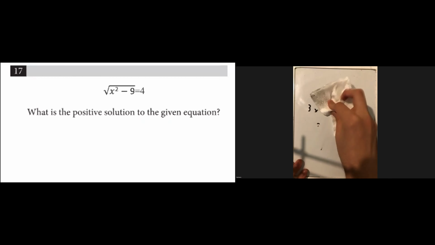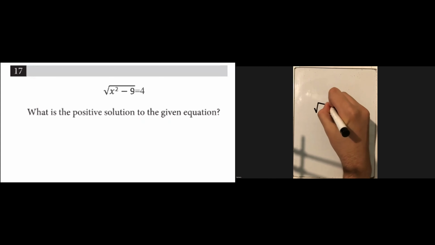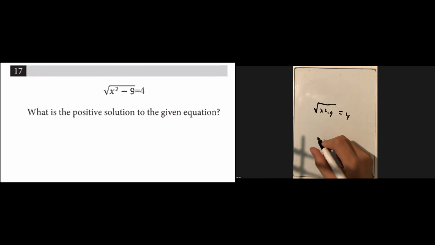Okay, so for this one, I have root x squared minus 9 equals 4. So if we get rid of the square root, we have x squared minus 9 equals 4 squared, which is just 16.